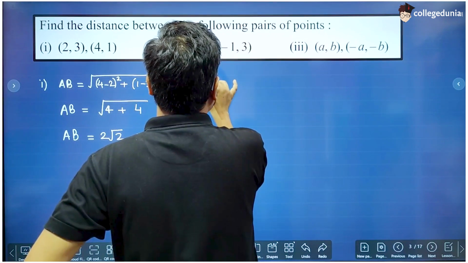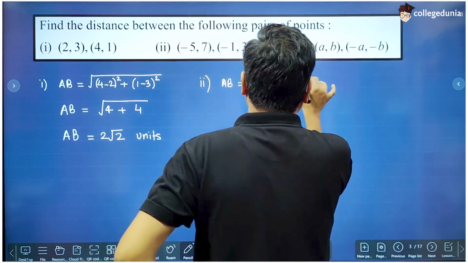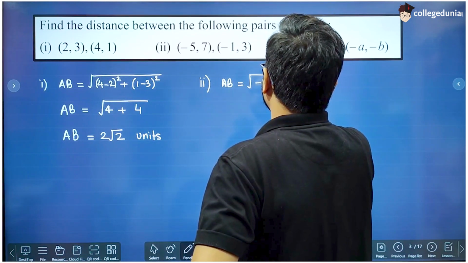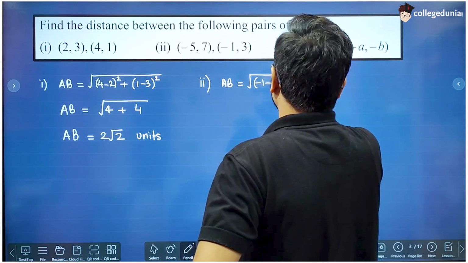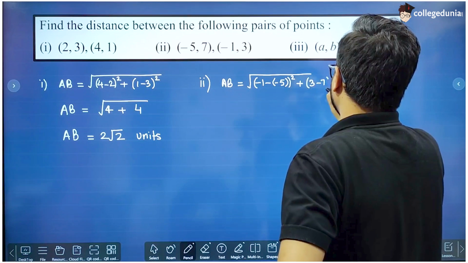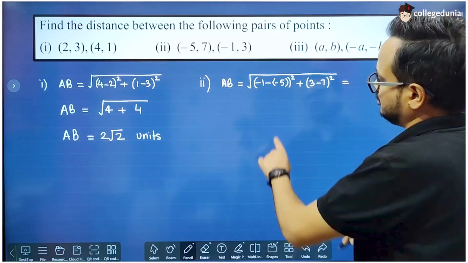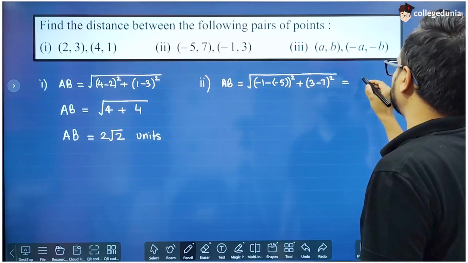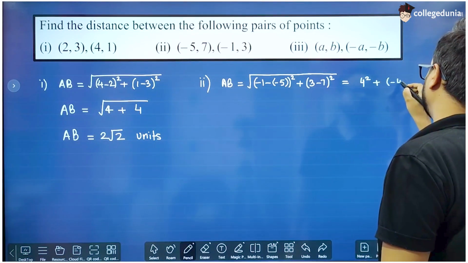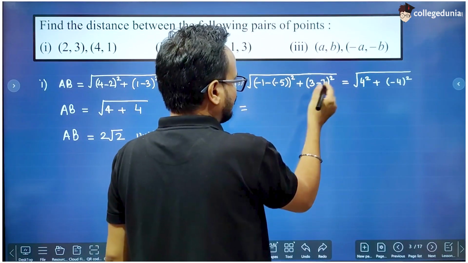Second, AB is under root, x1 y1 x2 y2. So under root minus 1 minus 5 whole square, right, plus 3 minus 7 whole square, which is minus 1 minus 5, that is minus 6... Minus 4 square, 4 square is 16.